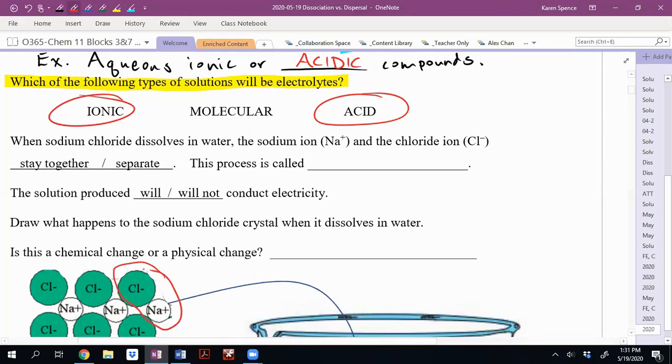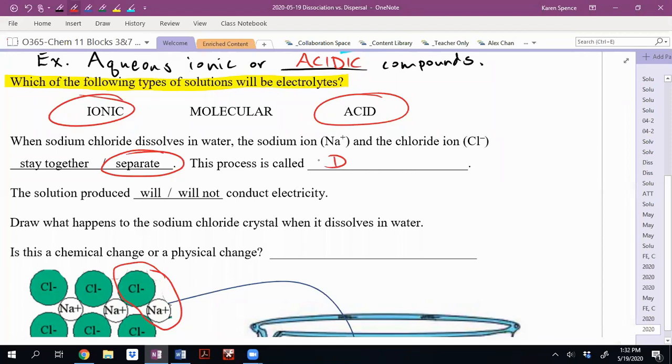I think they'll probably be split. Yeah, they're going to be split, so they will separate. Okay. And this process, what's the process where sodium and chloride split apart in the water? What's that process called? Starts with a D. Dispersion?